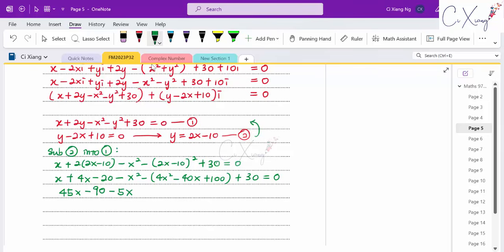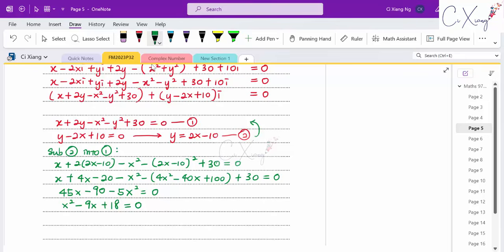It equals 0, and we get a quadratic equation in terms of x. To solve it, I simplify first by dividing the whole equation by negative 5, and eventually I get x squared minus 9x plus 18 equals 0.